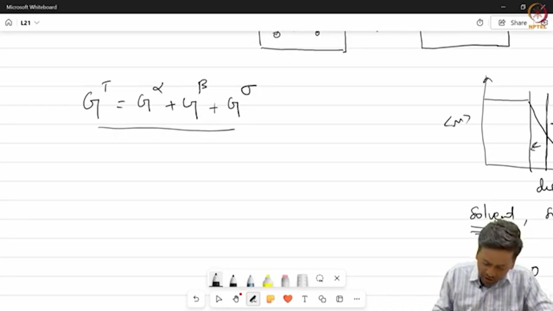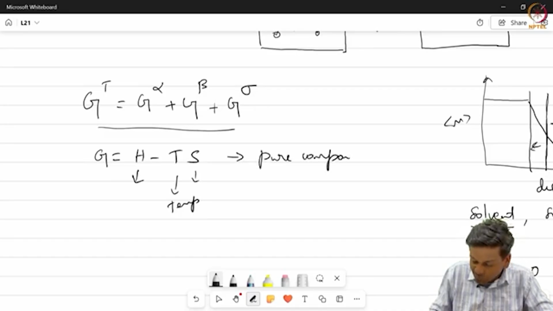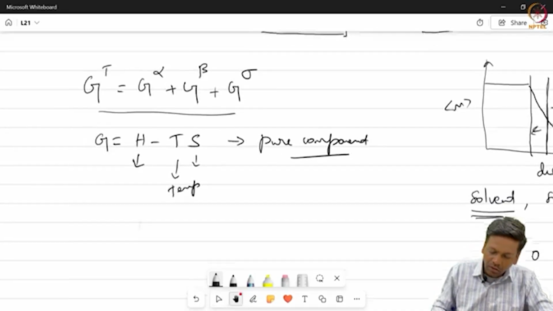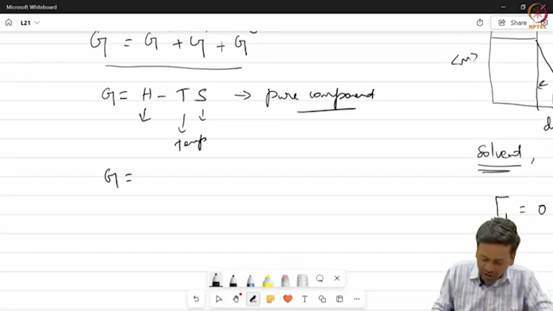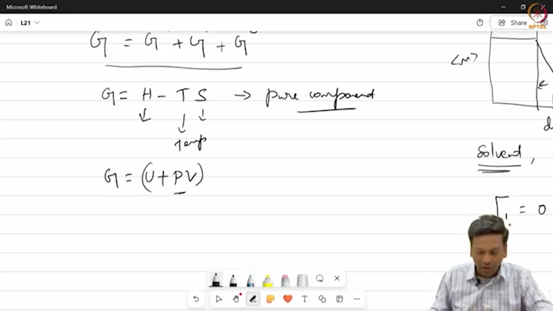Now if we have to define it for a general case, we know G is nothing but H minus TS, enthalpy and entropy, with T the temperature. This is for a pure component. We can break down enthalpy further into U plus PV, which is the PV work, minus TS.